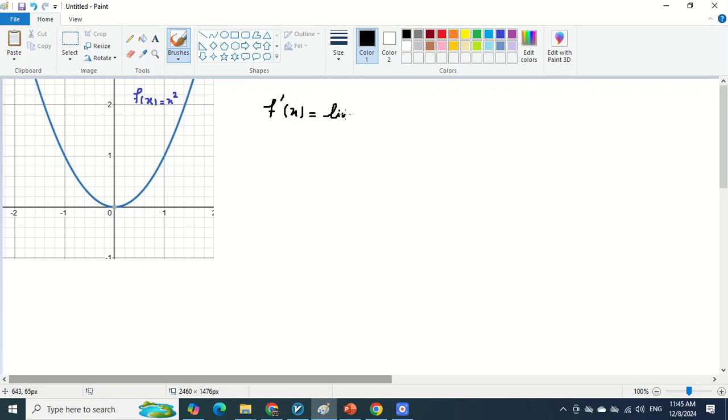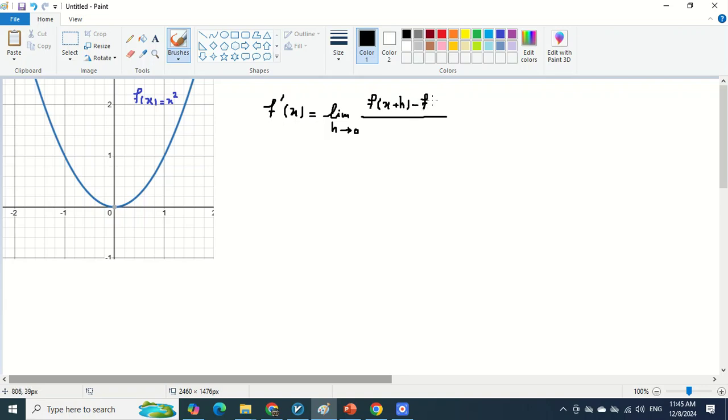If you remember, it's the limit of h tending to 0, and the slope is given by f of x plus h minus f of x.